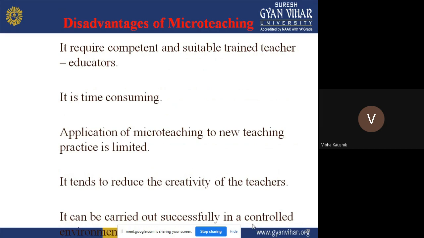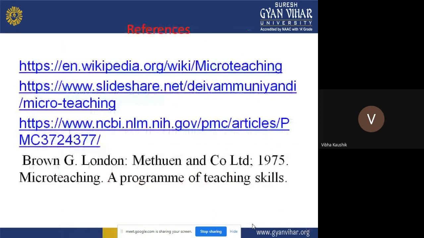It can be carried out successfully in a controlled environment. Means teaching can be successful, or we can make the teachers or trainers perfect, only when we have made a particular controlled environment.